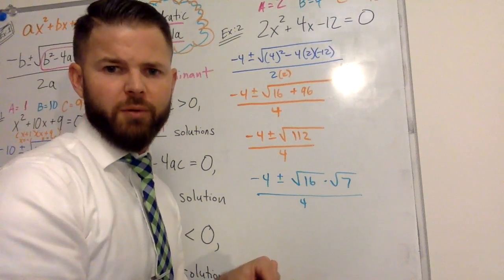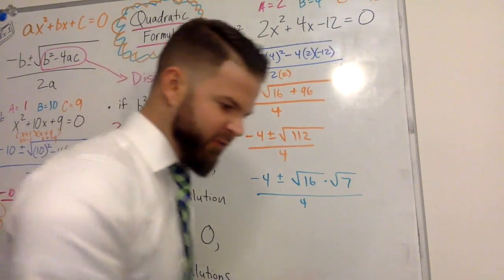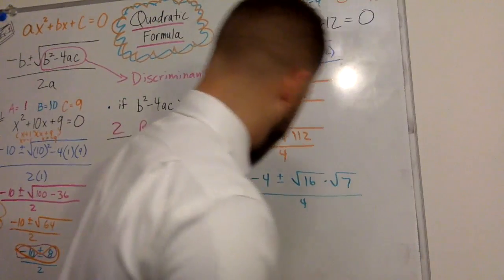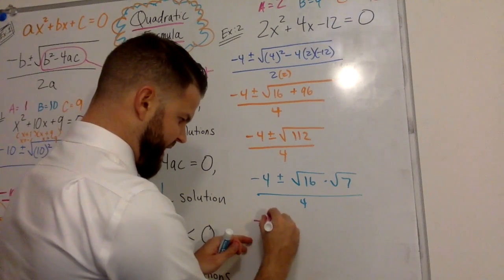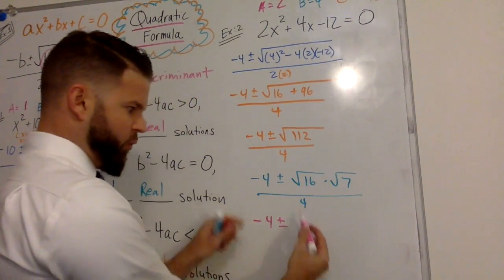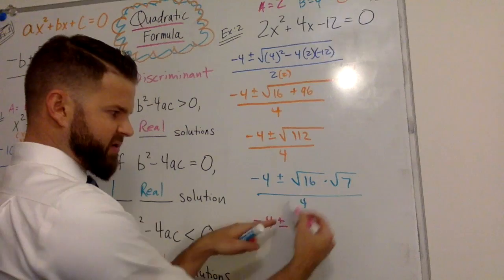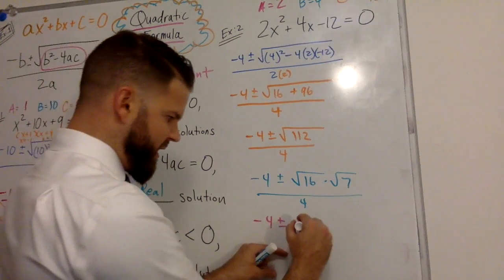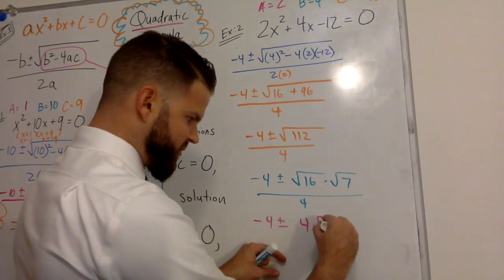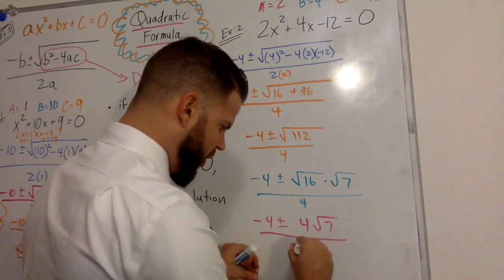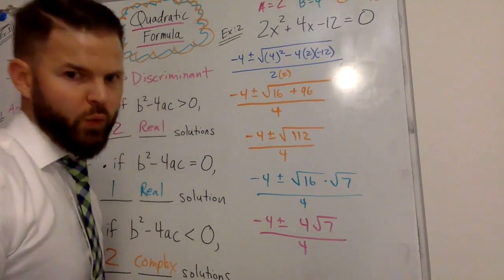What is that number? Oh, 4. Awesome. Now we got negative 4 plus or minus 4 times radical 7, all divided by 4.